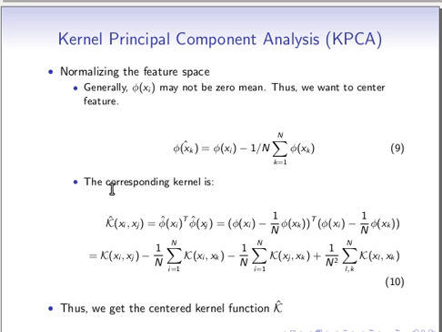In addition, the centered kernel also becomes the result of equation 10. We just rewrite the original equations and subtract the mean, and then the new kernel function will become this one. So then we can get the centered kernel function, K hat.